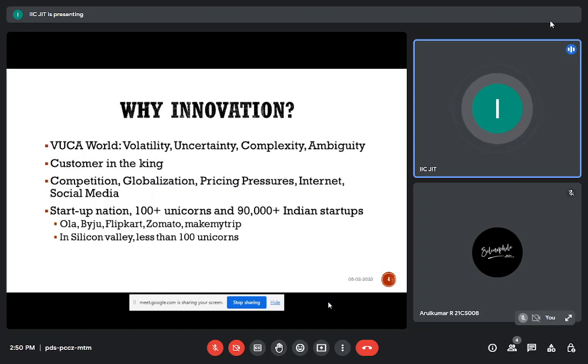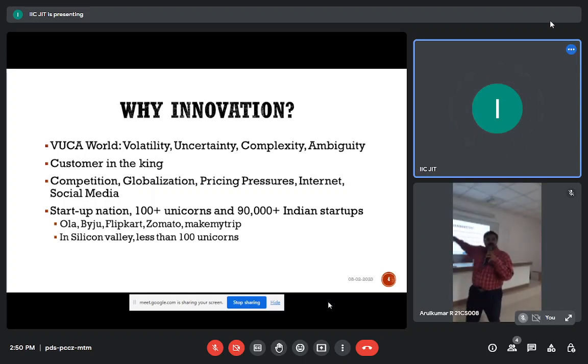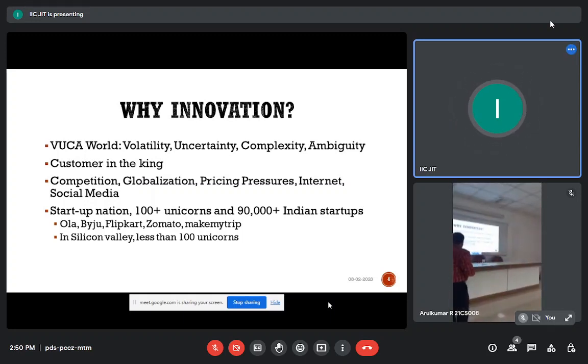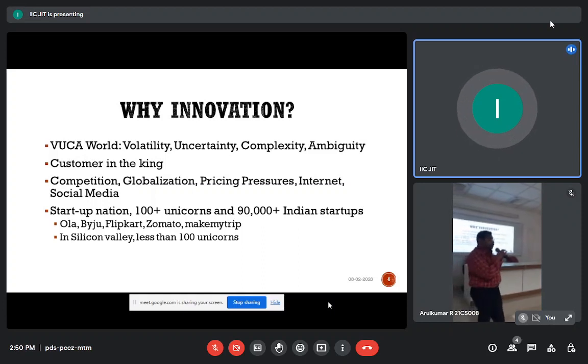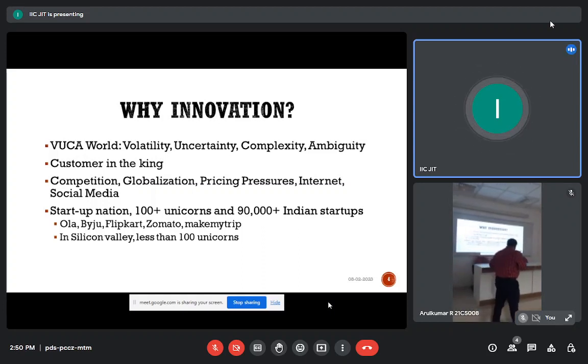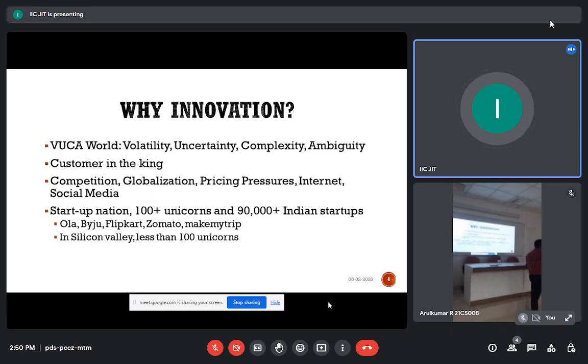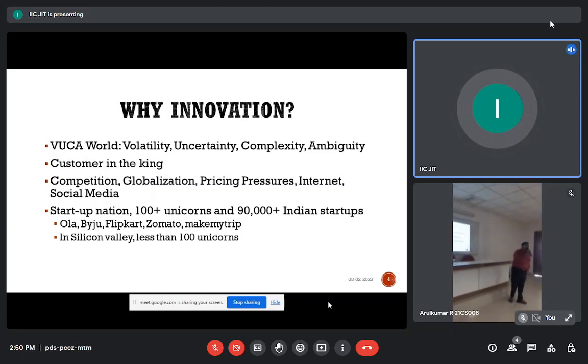They are the people who are driving these 90,000 plus startups. And you will be surprised to note 100 plus unicorns. Unicorn is a company with a $1 billion valuation. India has got 110 unicorns. Even in the US, they don't have. They have less than 100 unicorns. That is the state of the country. And how does this happen? It is only innovation and innovation.